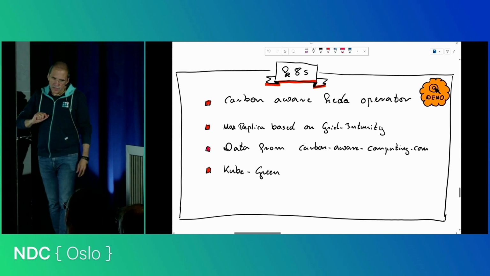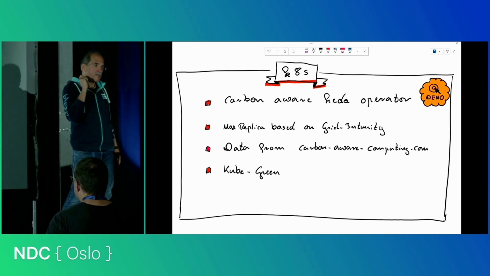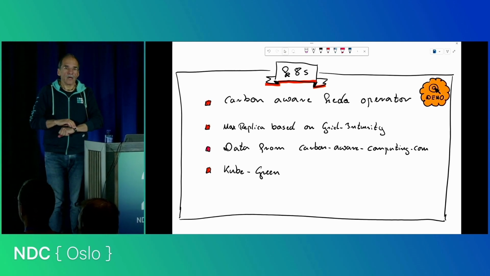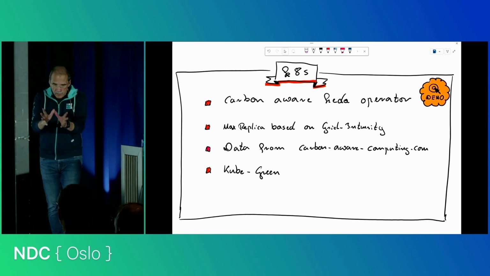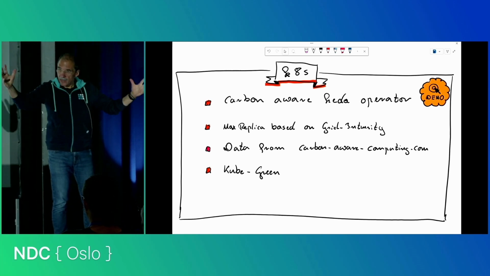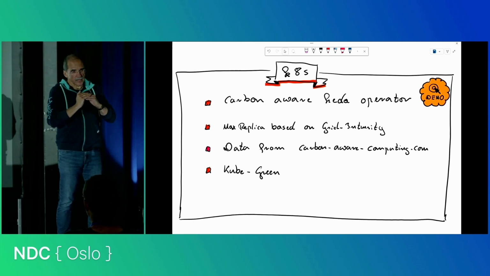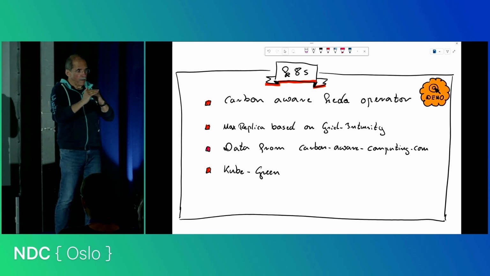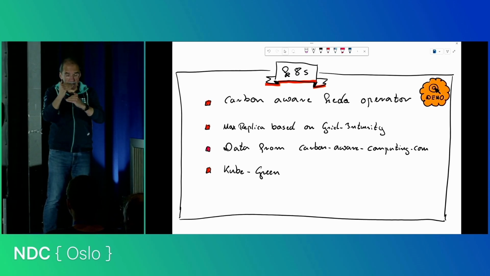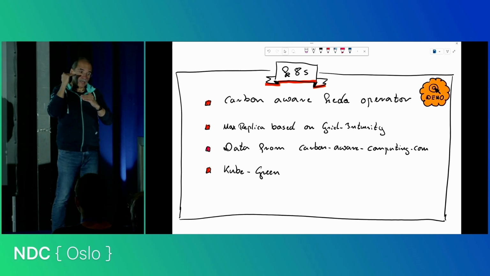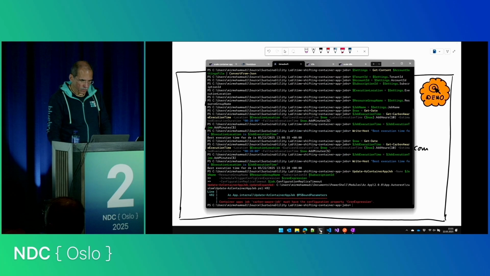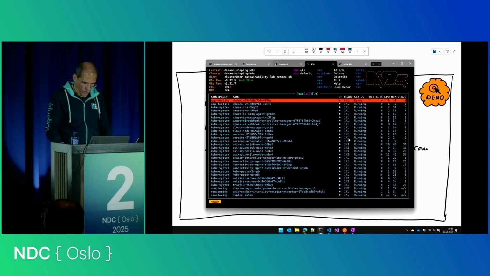And we have this carbon-aware KEDA operator. The carbon-aware KEDA operator runs inside of Kubernetes. KEDA is for scaling. What this carbon-aware KEDA operator does is adjust the max replica count of this. I will show it.